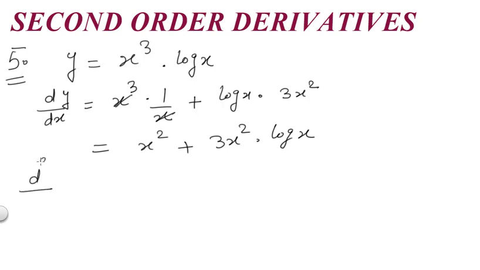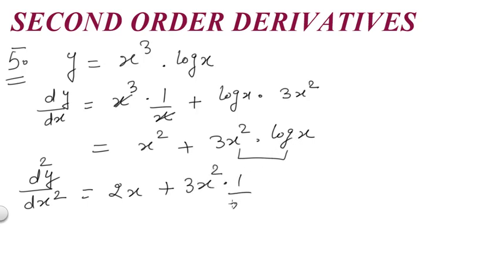Again differentiating dy by dx with respect to x, we get d square y by dx square. Let us differentiate. x square differentiation will be 2x. Now here two functions are there. We will be using the product rule. 3x square as it is first of all, right? And log x differentiation will be 1 by x, plus log x as it is, differentiation of 3x square is 6x.